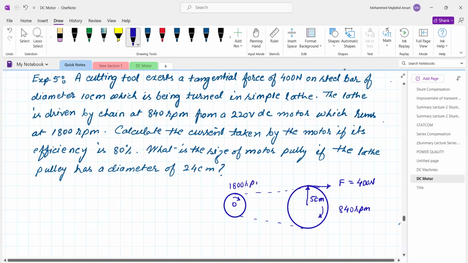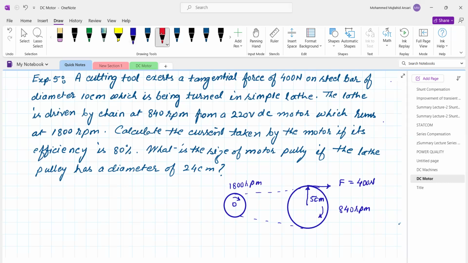Calculate the current taken by the motor if efficiency is 80%. What is the size of the motor pulley? We want to know the size of the pulley, which may be a diameter.